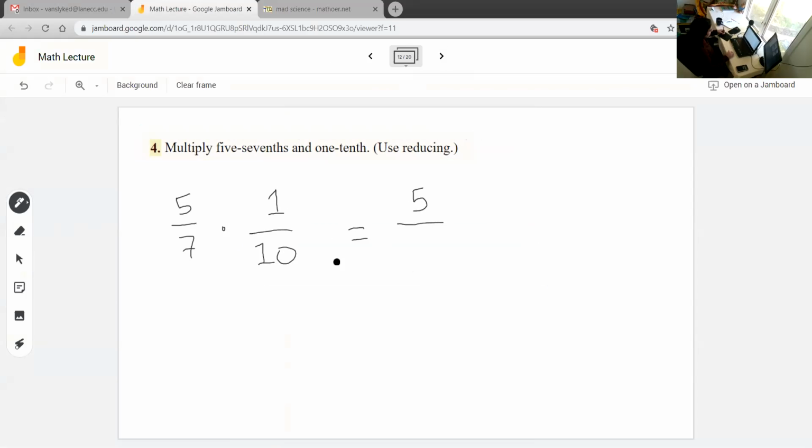Multiply across the bottom, 7 times 10 is 70. But I'm not allowed to put a box around it yet. Instead, I have to say, oh, look, 5 goes into both of them. If you're not sure about 70 divided by 5, you can use your calculator. That's okay. And now I can put a box around it.